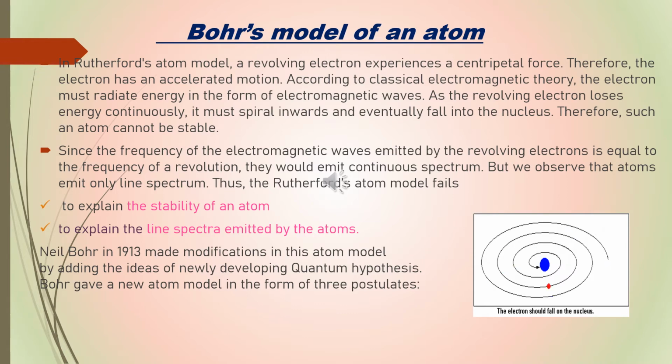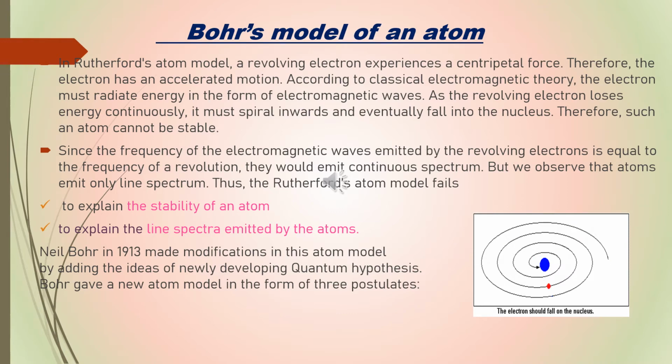According to classical electromagnetic theory, the electron must radiate energy in the form of electromagnetic waves. As the electron loses energy continuously, it must spiral inwards and eventually fall into the nucleus. Therefore, such an atom cannot be stable.